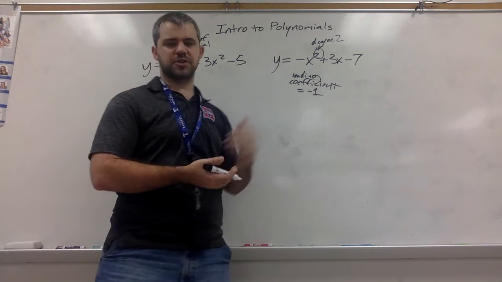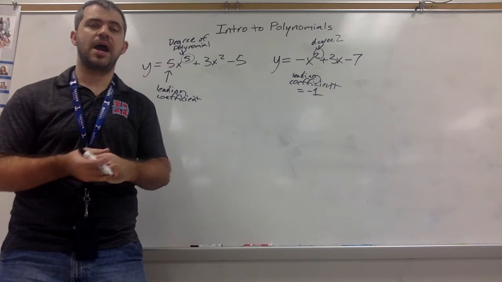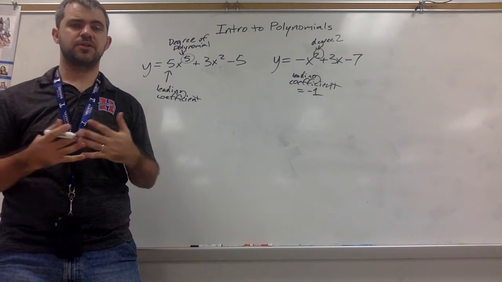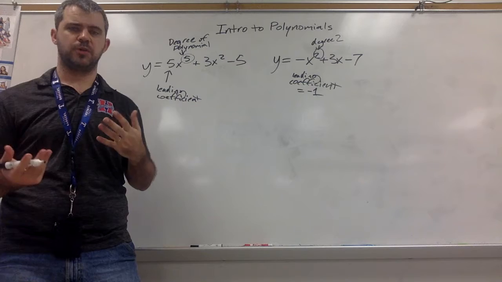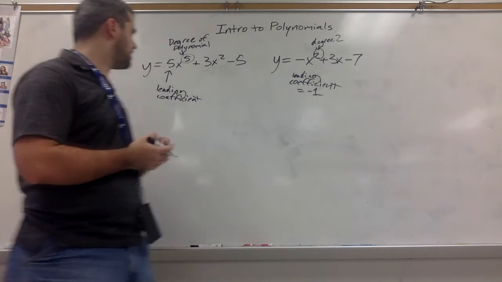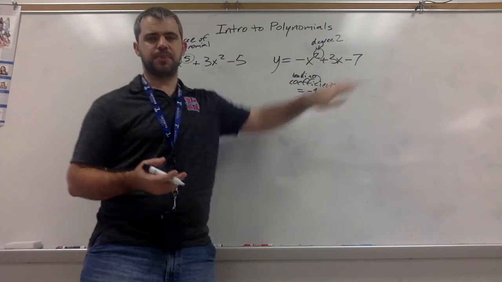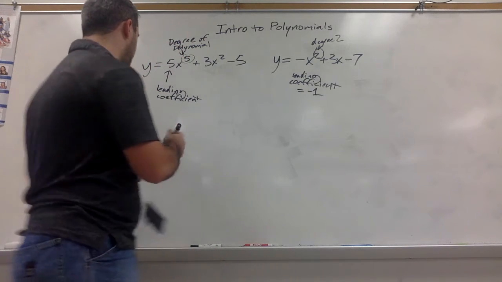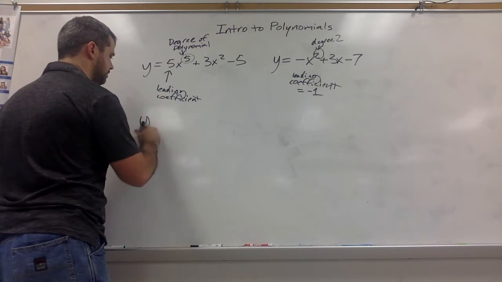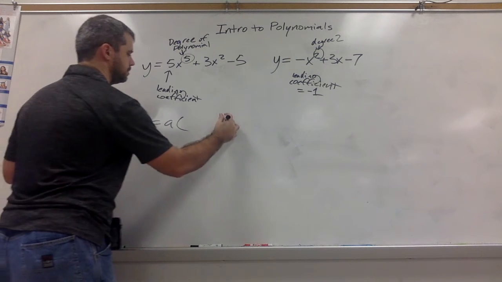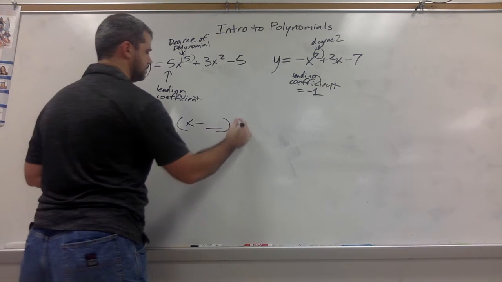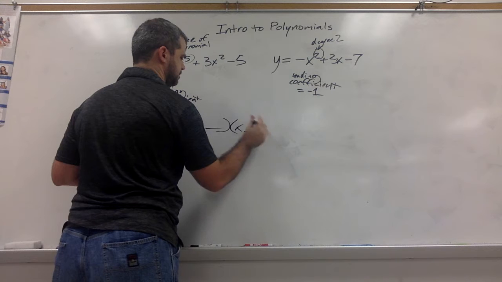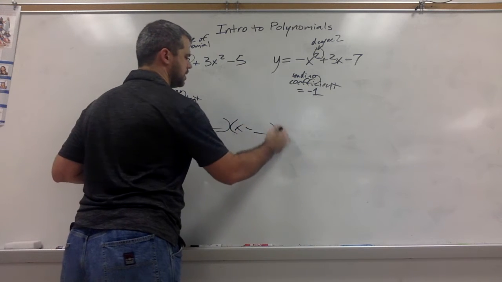The other thing that the degree tells you is how many roots there are going to be in your polynomial. Now, what I mean by roots is all of these polynomials can be factored out in a form that looks like this. X minus blank.